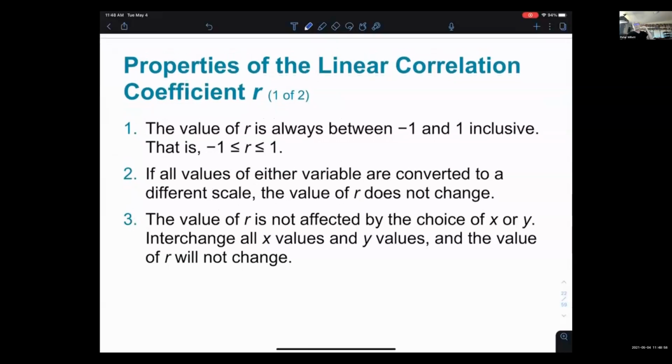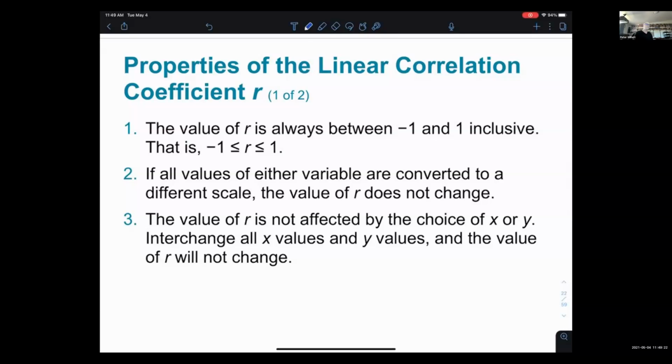So now let's look at properties of this R value, like we did with chi-square distributions and T distributions and things like that. As I've been discussing and reiterating, the value of R is between -1 and 1 inclusive always. And if all values of either variable are converted to a different scale, the value of R does not change.